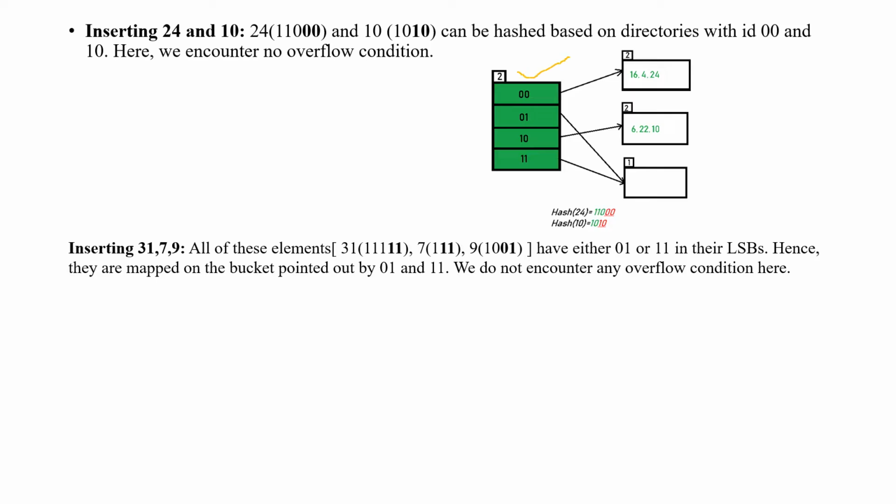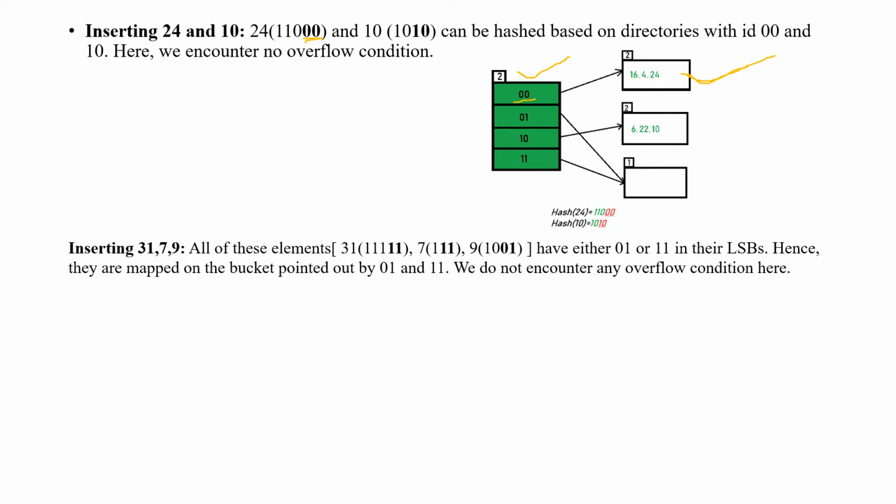Global depth is 2, so check the 2 LSB bits, and that is 0 0. So where is 24 going to be stored? In this bucket, because 0 0 is pointing to this bucket.